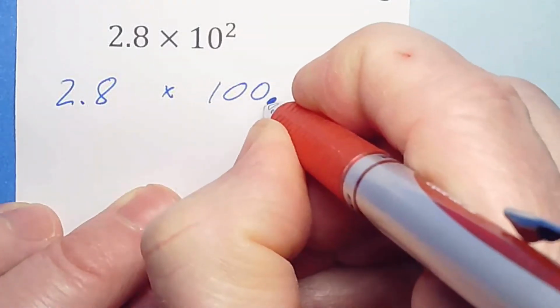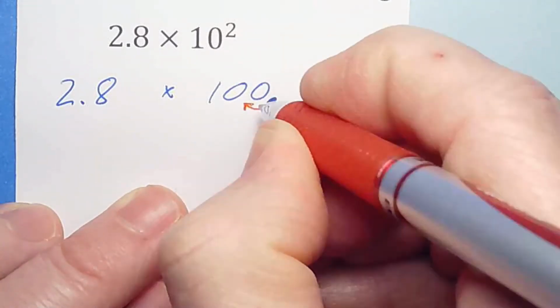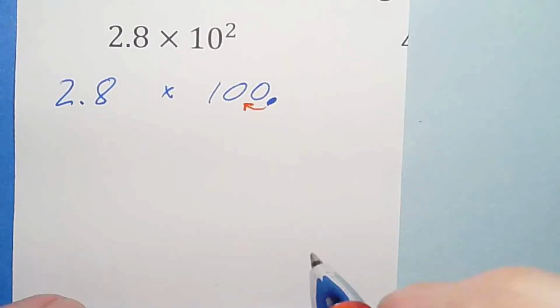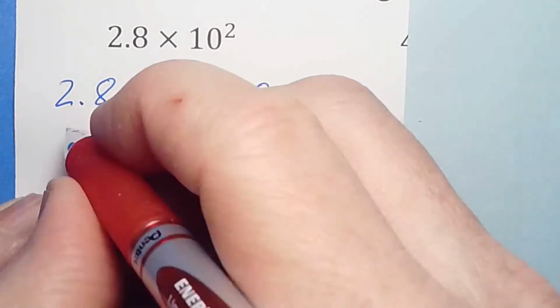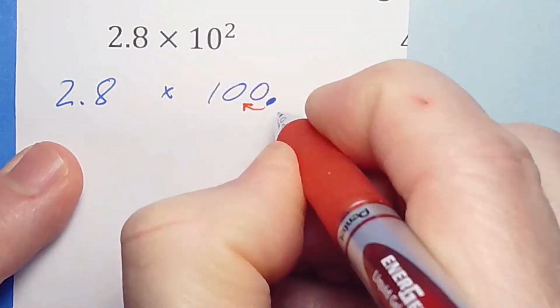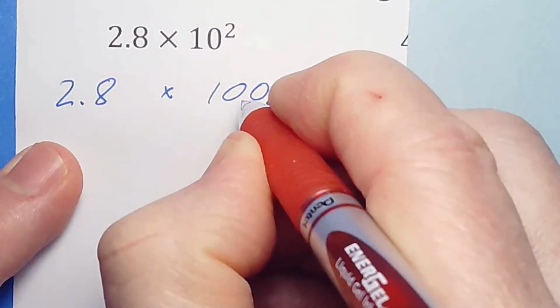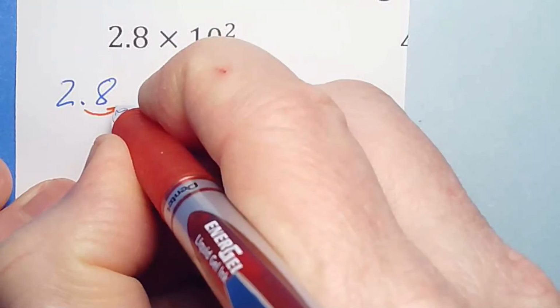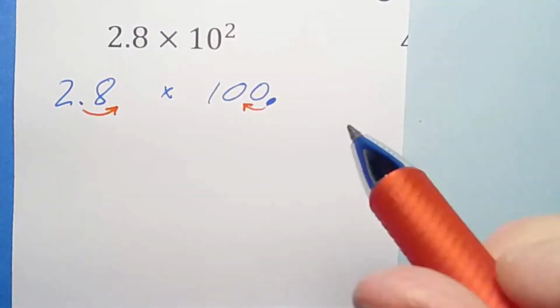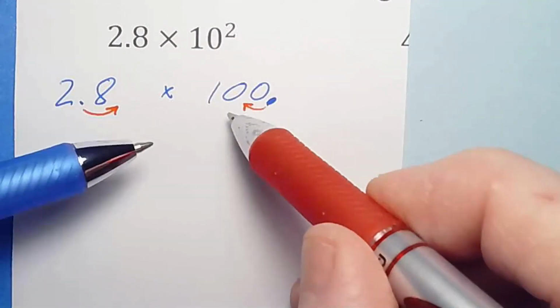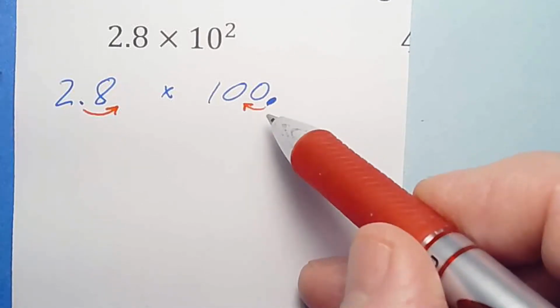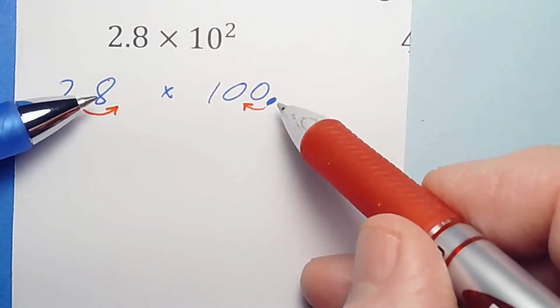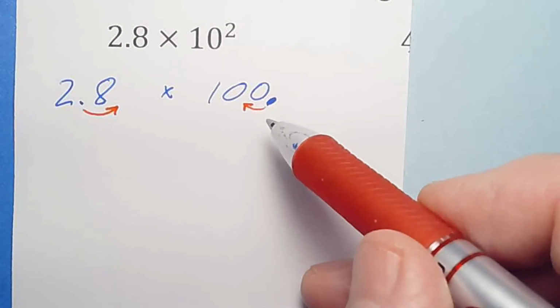Bringing it over 1 is pretty easy with this factor on the left. If this goes from 100 to 10, then this goes from 2.8 to 28. In other words, if you're bringing them each in 1, it's still the same value. This guy got bigger by 10, but this one got smaller by a factor of 10.